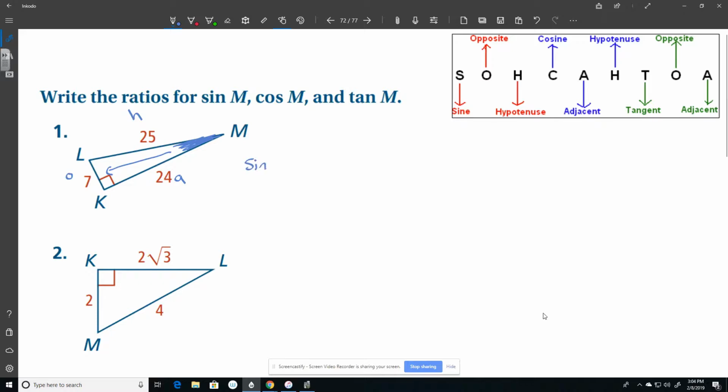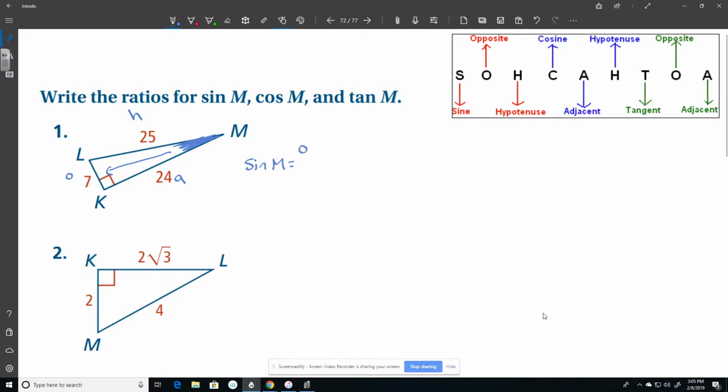So if I want to know the sine of angle M, remember, I put a little note up here, a little diagram on your notes to help you remember SOHCAHTOA, to help you remember where things go. Ignore the arrows. This doesn't mean that cosine goes up and adjacent goes down. The arrows just point to the word that represents that letter. So sine is opposite and hypotenuse.